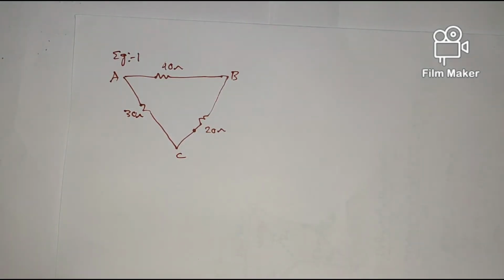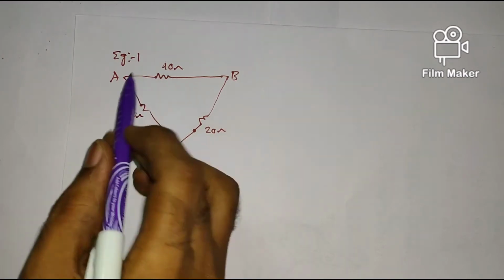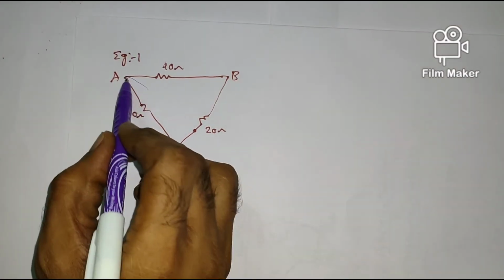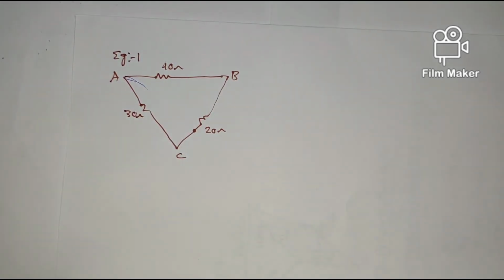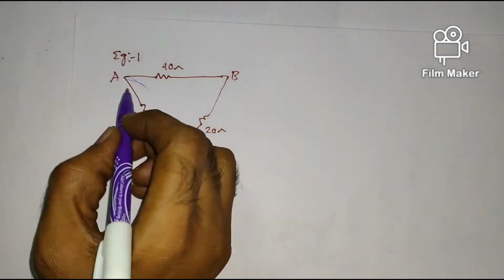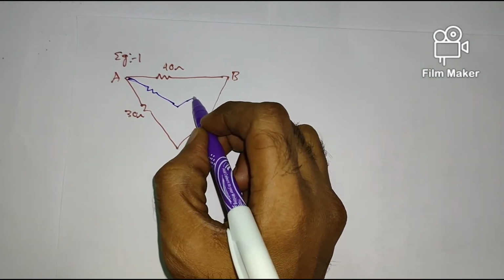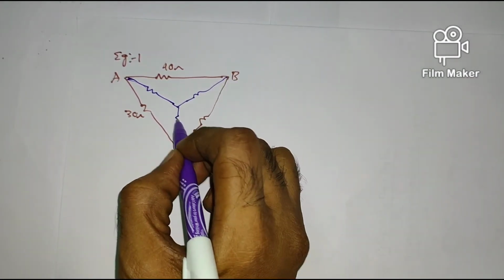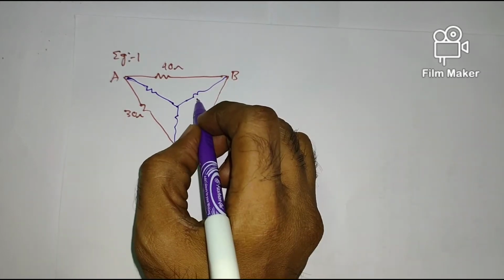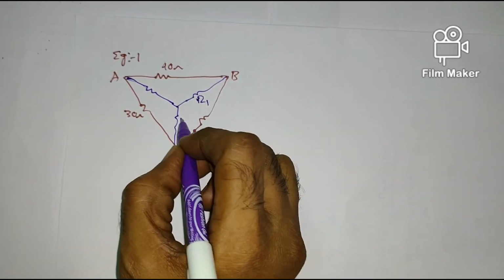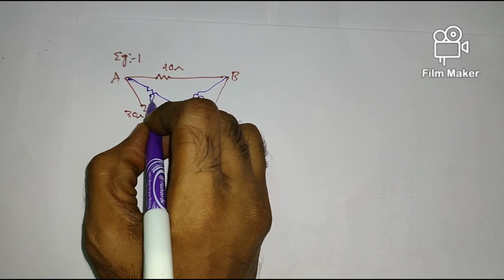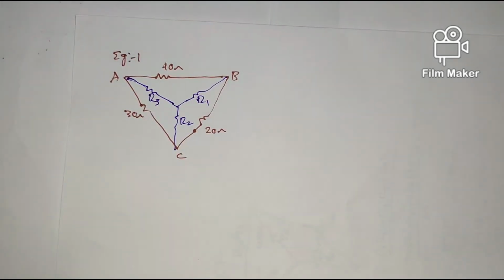First let us draw the equivalent star at the terminals A, B and C. Say this is R1, R2 and R3.